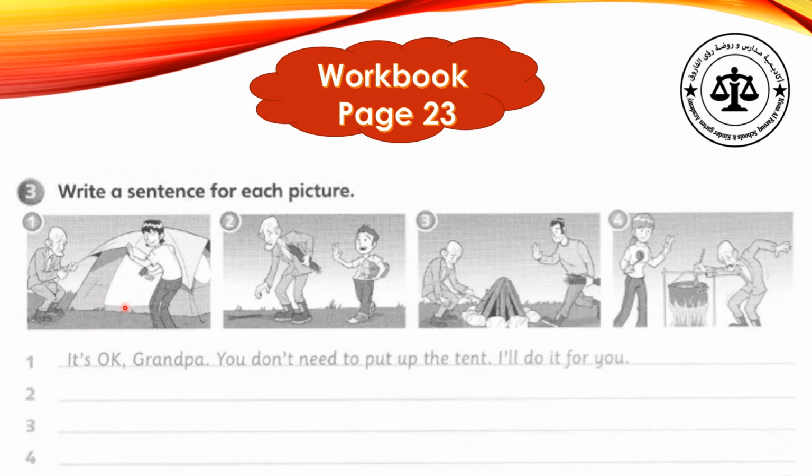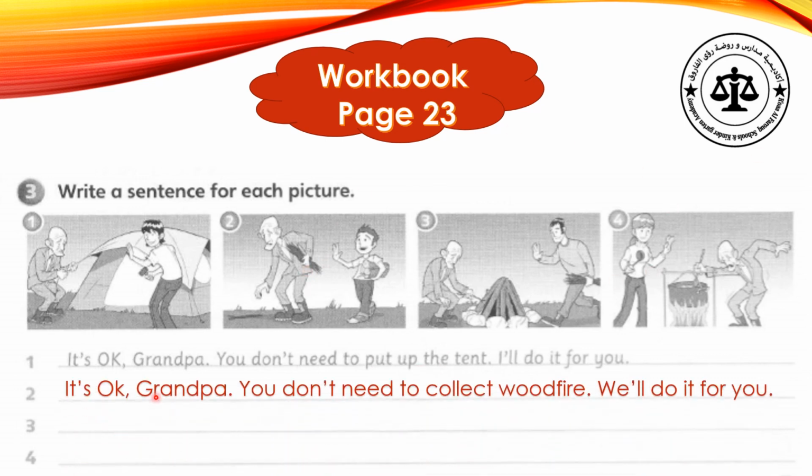Excellent. Don't need, okay? Look at picture 2. What did the boy say to his grandpa? Excellent. It's okay, Grandpa. You don't need to collect wood for the fire. We will do it for you. Collect wood يجمع الحطب.